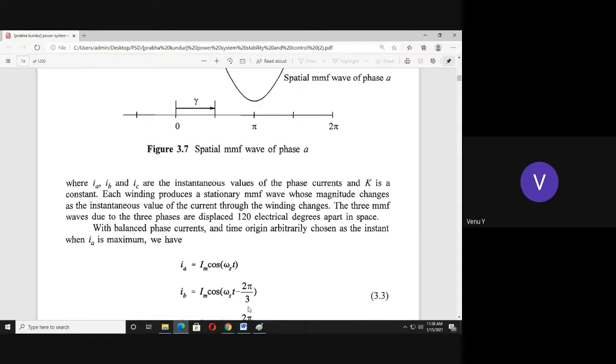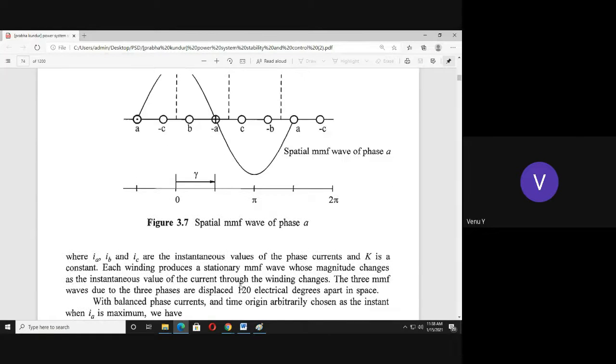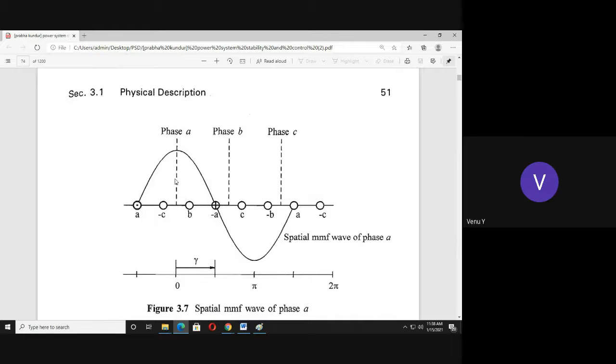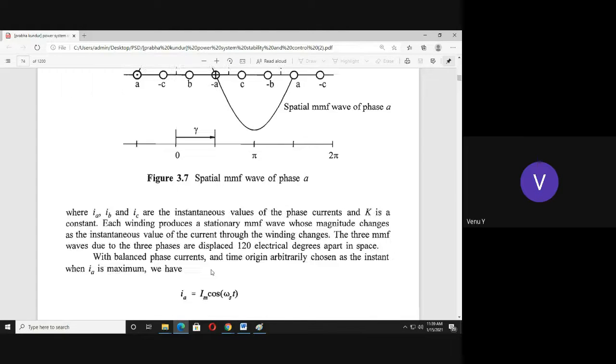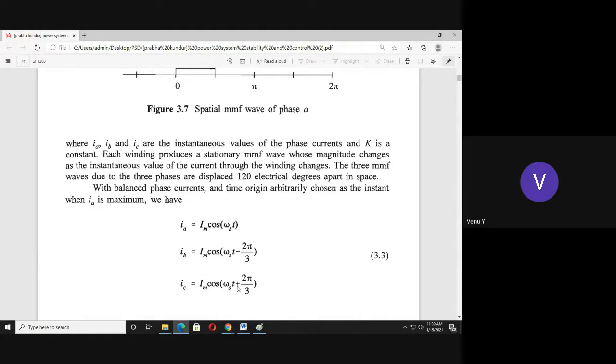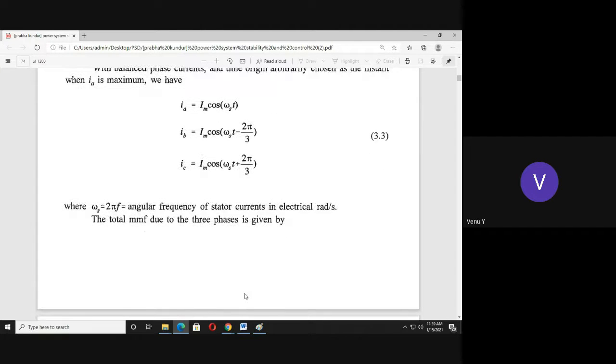Omega t minus 2 pi by 3 is used for phase B. So the angle between these two is minus 120. Similarly, phase C will appear here also, and hence A and B have minus 120, A and C have plus 120. So use omega t plus 2 pi by 3 for IC.